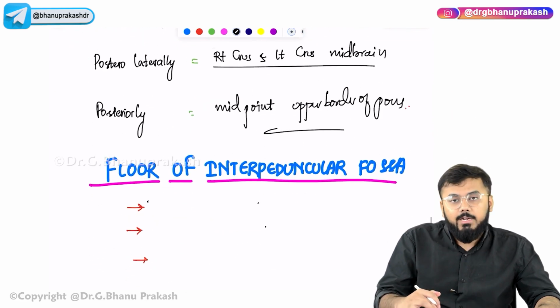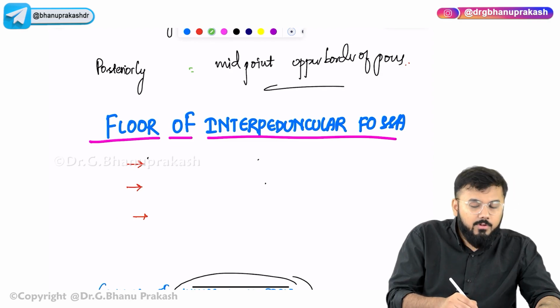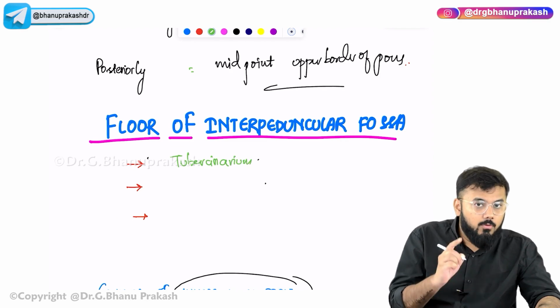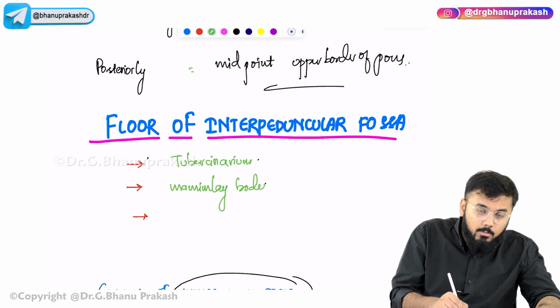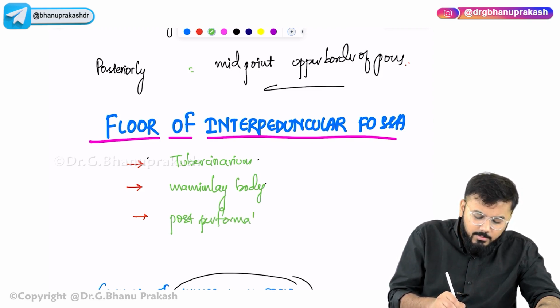Coming to the floor of the interpedicular fossa, just remember that the floor of the interpedicular fossa has the tuber cinereum. You know what the tuber cinereum is. You also know what the mammillary bodies are, and the posterior perforated substance. Why do you need to remember it?